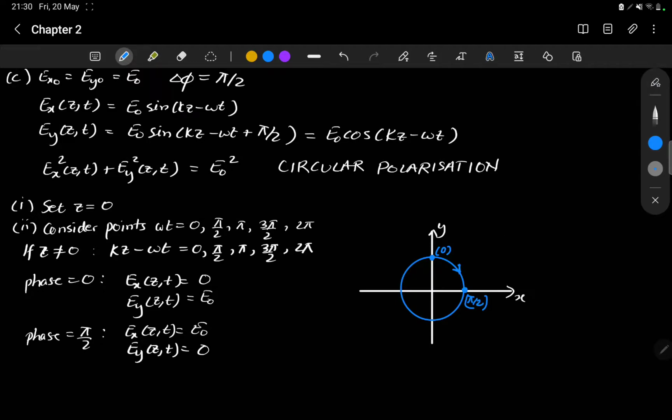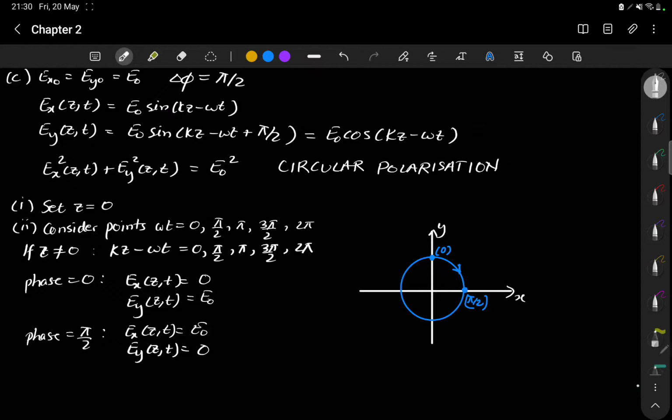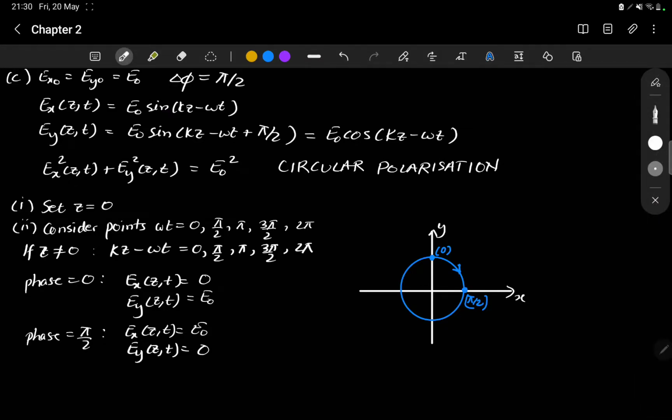Clockwise direction, circular polarization, which is also called, so clockwise is called left circular.